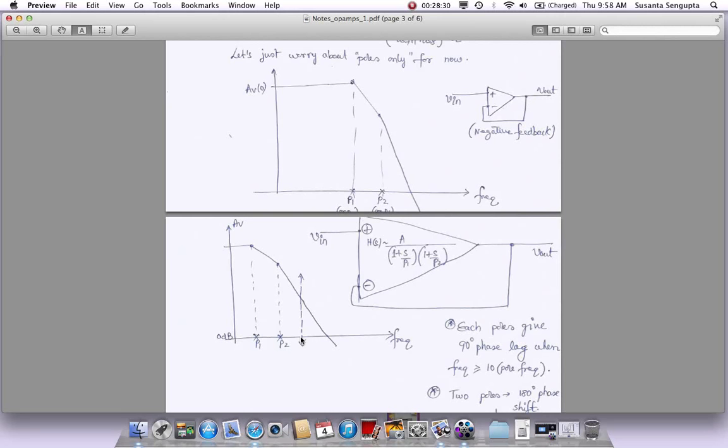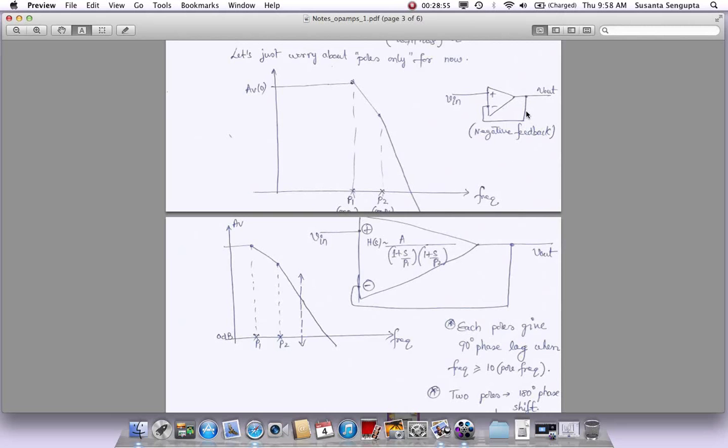So all you need is a small trigger of any of this high frequency component, and once that comes, either this is going to oscillate at some high frequency, or it's going to go rail to rail like a square wave. So the input might be a small sine wave, and the output will become a big square wave which swings between 0 and VDD. Okay, so we don't want that.